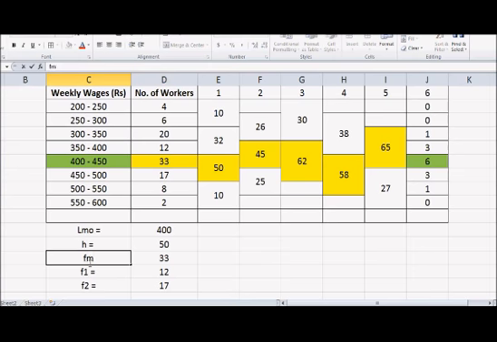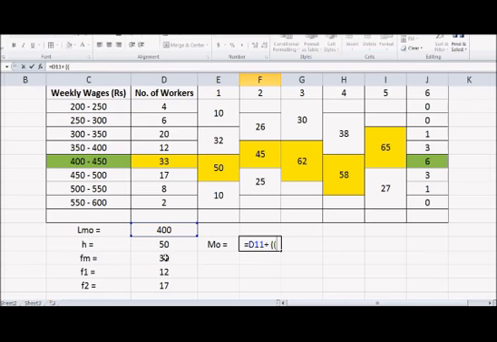Now we are ready to calculate the mode. So let me do that here. Before that, we can use any one of the formulas. So mode will be equal to the lower value of the model class, plus, let me put that in parenthesis, you have delta 1 at the top. Delta 1 is the difference between frequency of the model class and frequency before the model class.